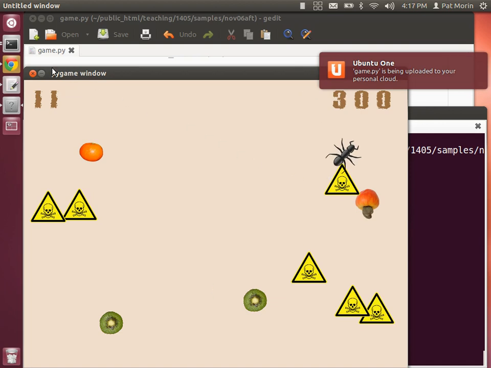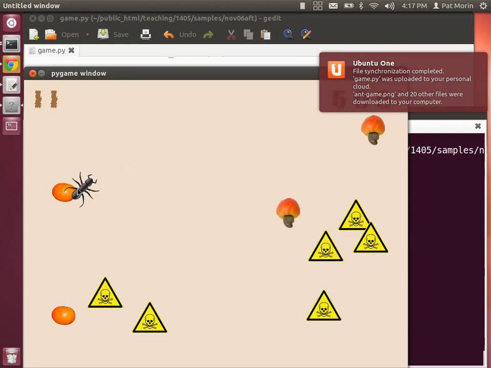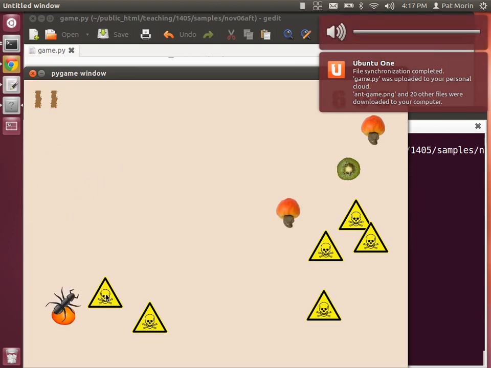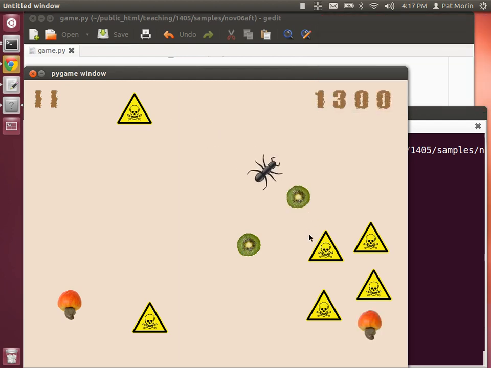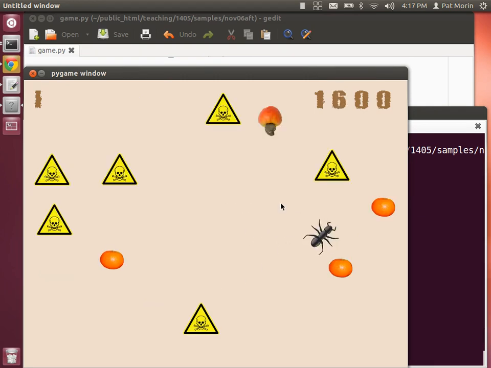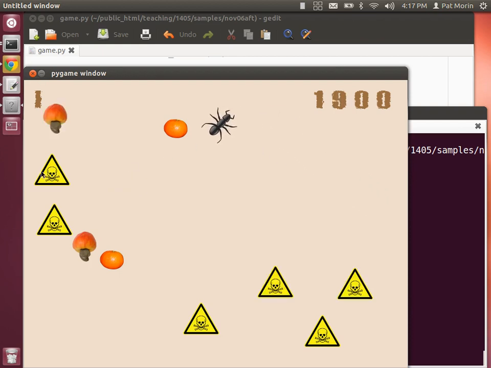So now there's a different soundtrack. There's also sound effects. I don't know if you can hear them. The ant eats something that sounds like chips when it reaches these things. And when it gets poisoned, it makes a poisoned sound.